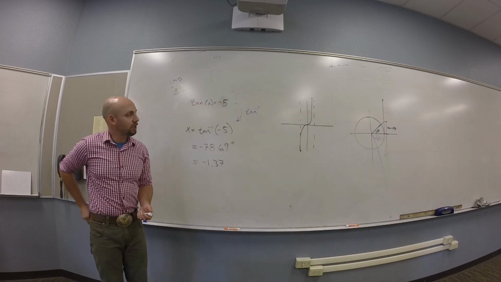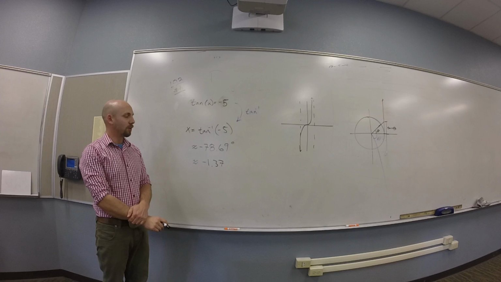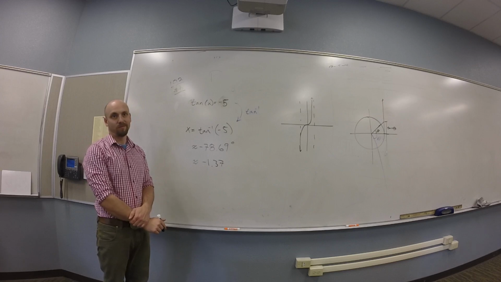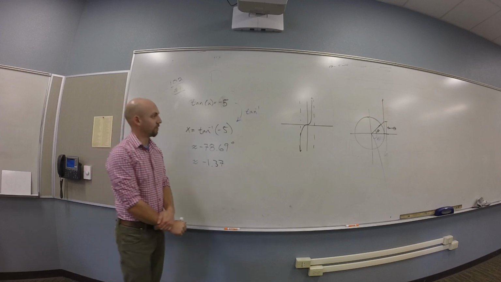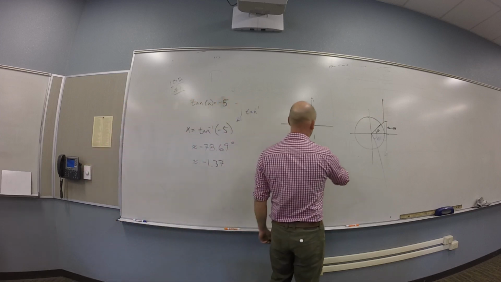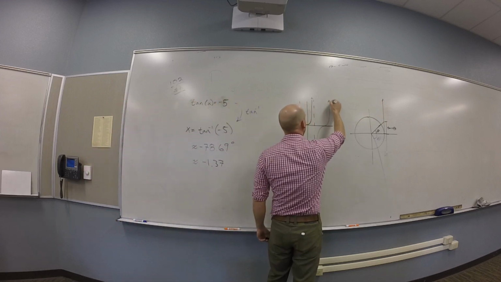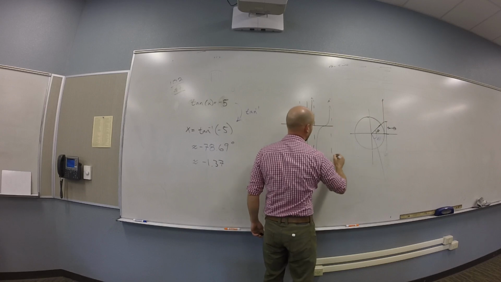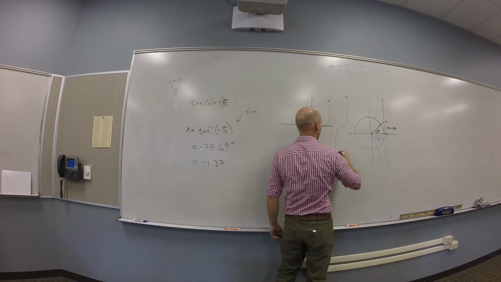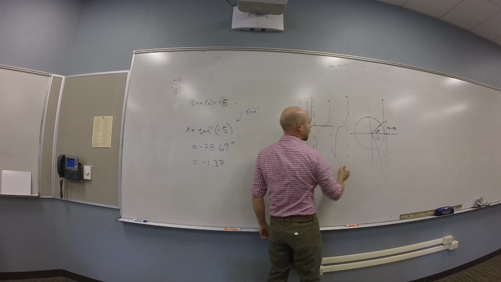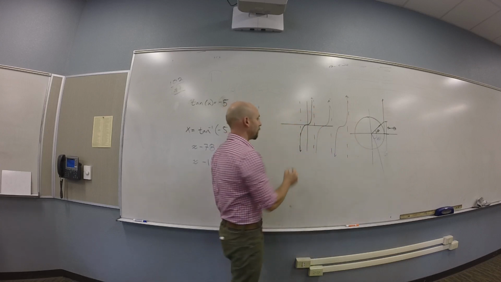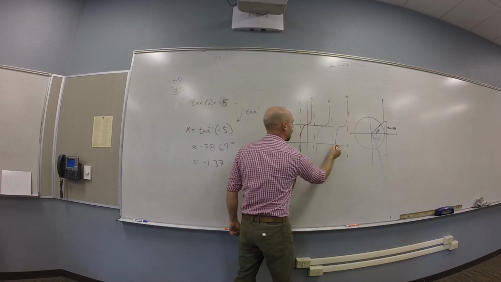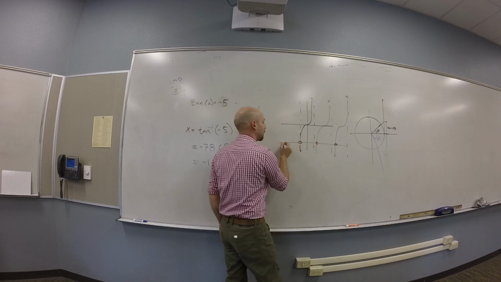So then the question that they're asking, is that the only angle with this property? Seems like every 180 degrees this thing repeats, right? You guys see that? If I'm pegging a line at -5 here, I got this one and this one and this one and this one.